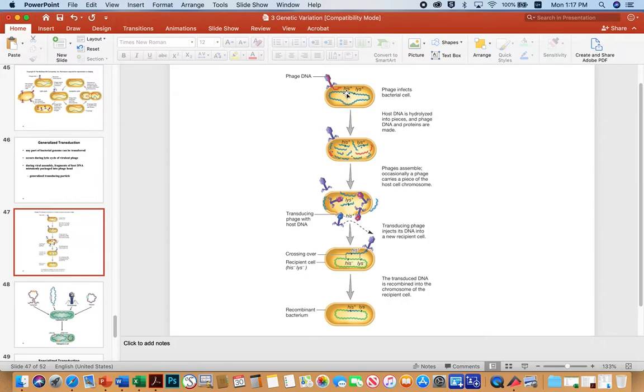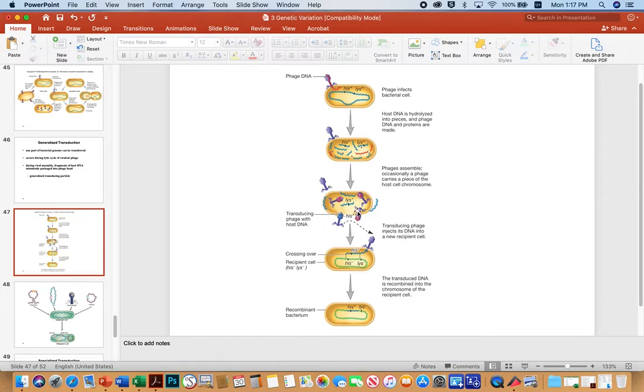And so again, the His plus refers to the bacterium has the genes necessary for histidine biosynthesis, and Lys plus just means that the bacterium has the genes necessary for lysine biosynthesis. So as these phage replicate themselves and cut the host into pieces, for whatever reason, in this hypothetical example, the His plus gene has remained intact.